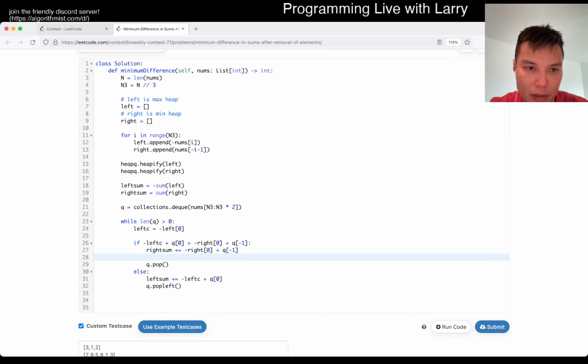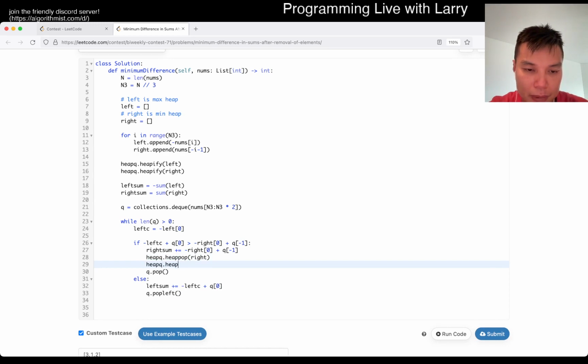So then now, q dot pop, q dot heap push. Yeah, I mean, I think I'm happy with that. Maybe I don't know if this is quite right, because you could end up with a smaller number, I suppose.